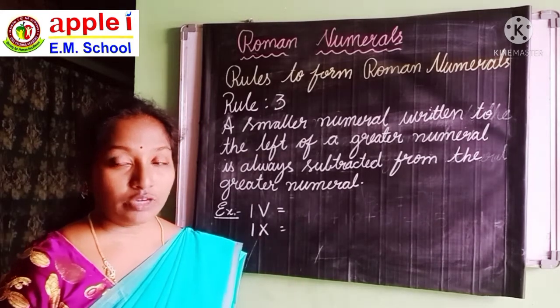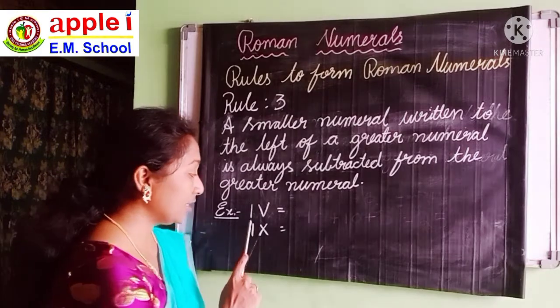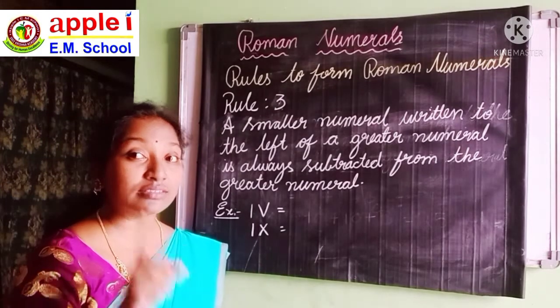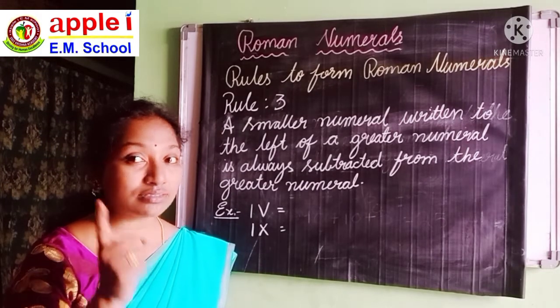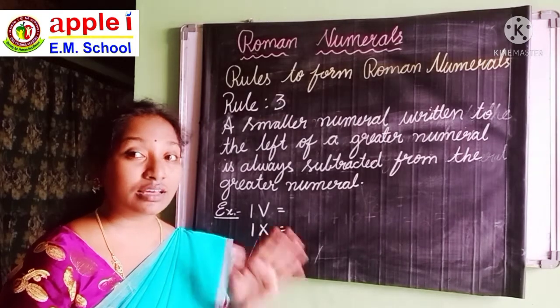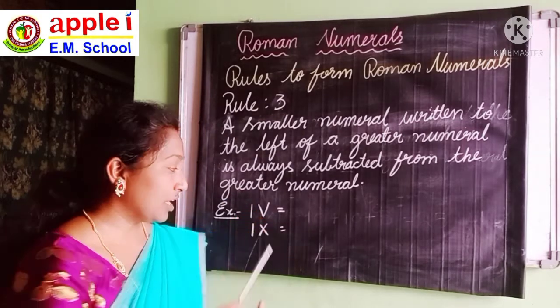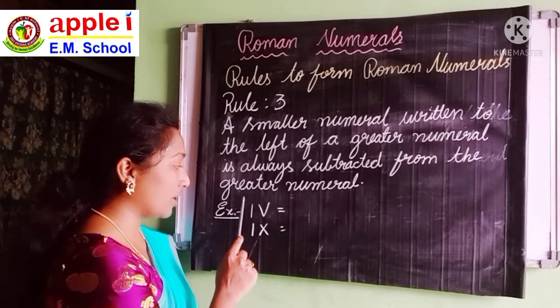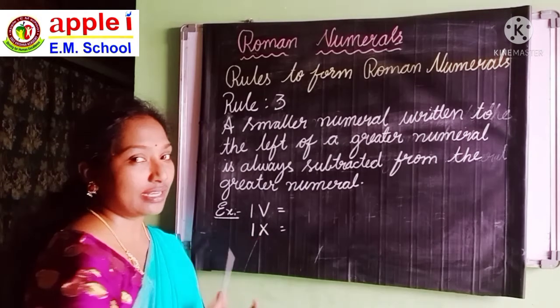IV. If you observe this question here, I means 1. Next, V means 5. So, here we are having first smaller one, next greater one.